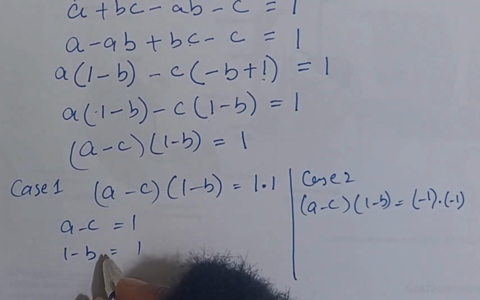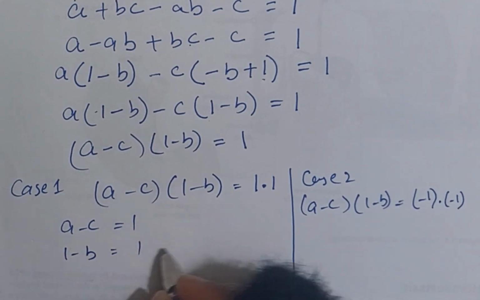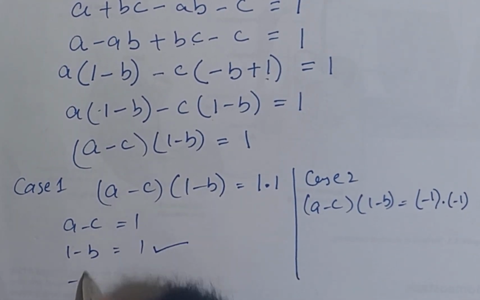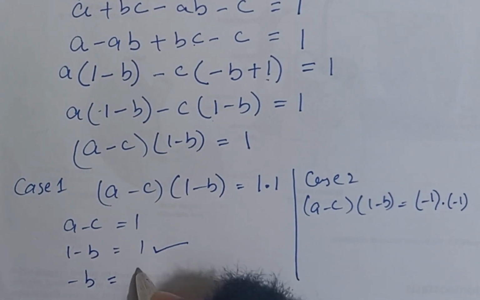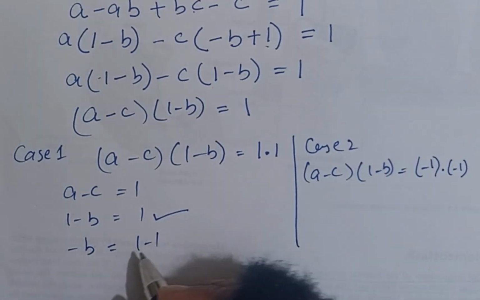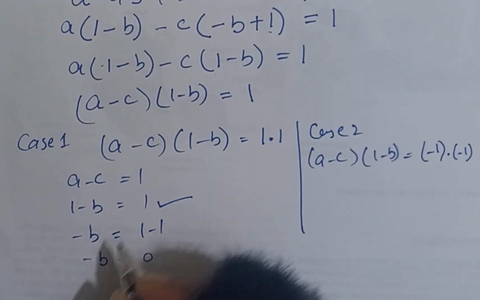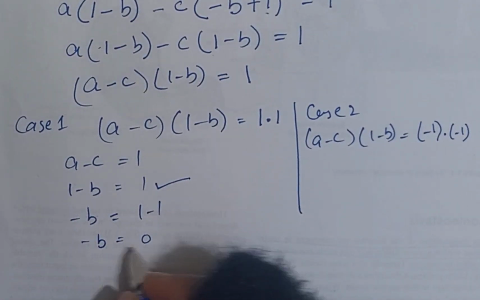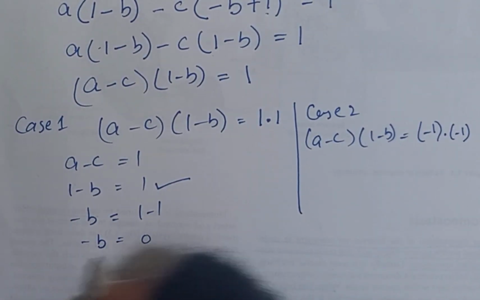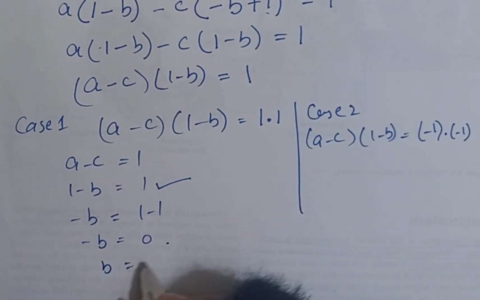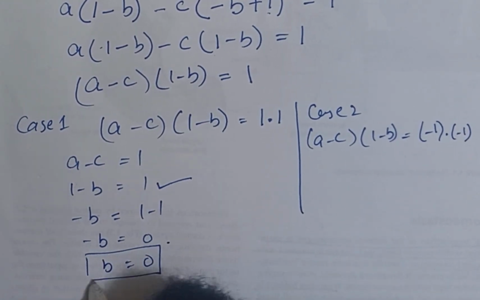If we subtract 1 from both sides, then we get minus B is equal to 1 minus 1, which is 0. If we multiply this equation by minus 1, then we get B is equal to 0. So this is the value of B.